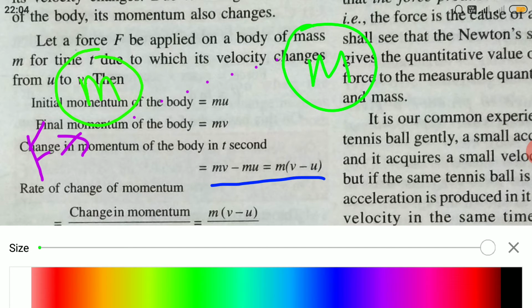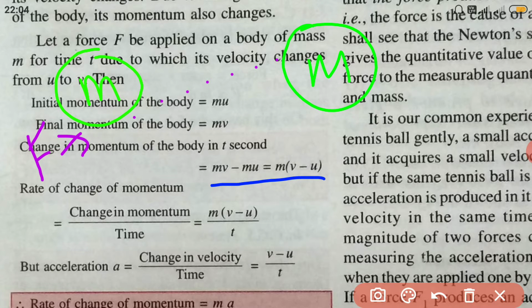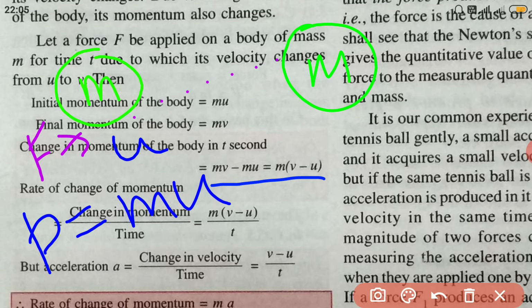When the body was already moving, let its velocity be u. So in this case its momentum will be mu, whereas its momentum at the second stage will be m into v.